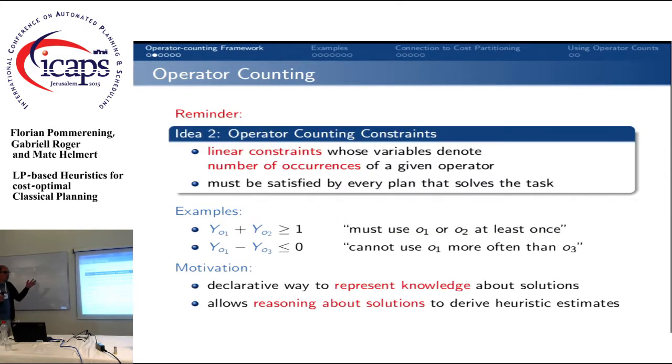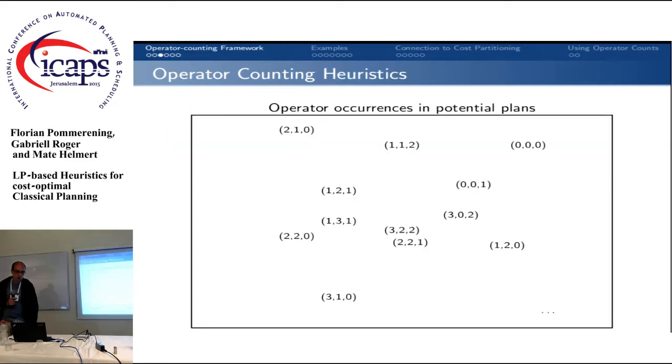Here's a reminder, the slide that Malte showed before. The main idea is we want to have linear constraints over the variables that count how often an operator occurs. So let me show a small example of how this can make sense.